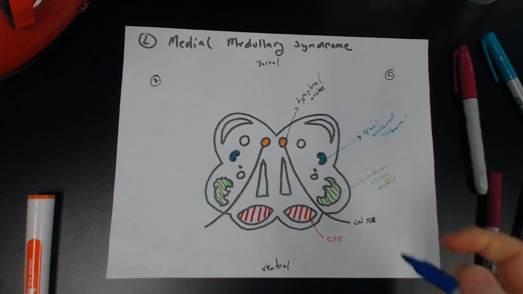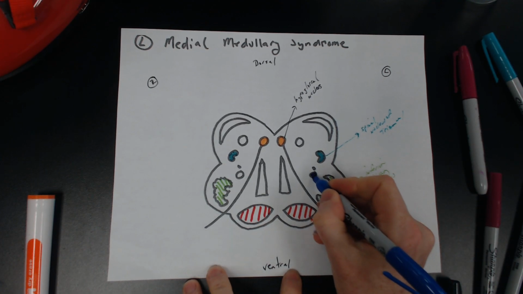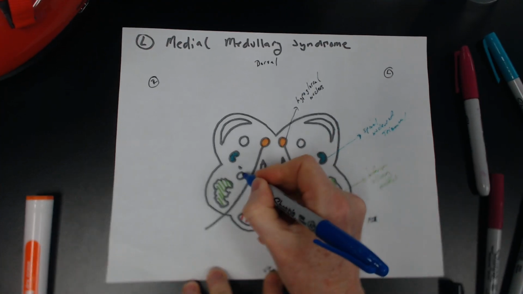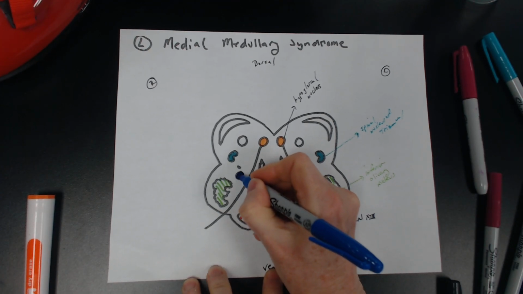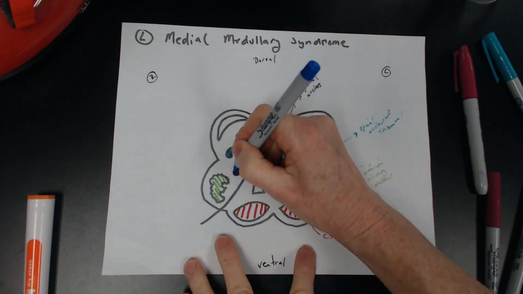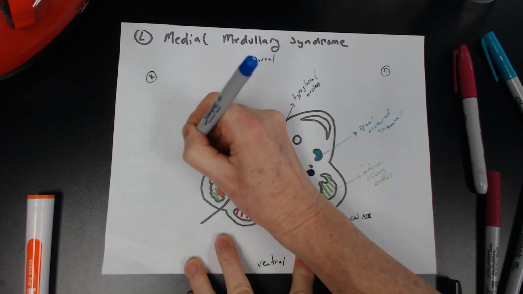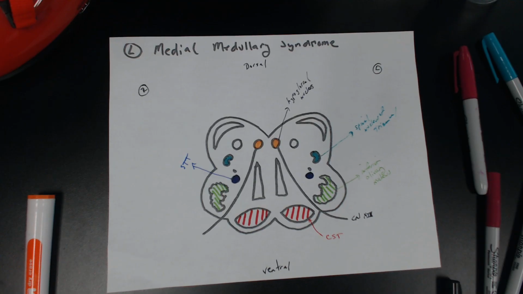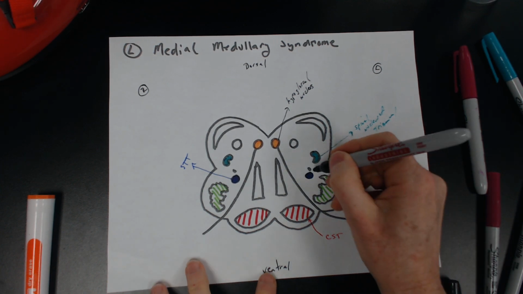Okay, moving on. There's also this other tract that I know you guys know very well. This little circle right here is going to be your spinothalamic tract, your STT. And the one that we covered today usually hangs out with the STT.